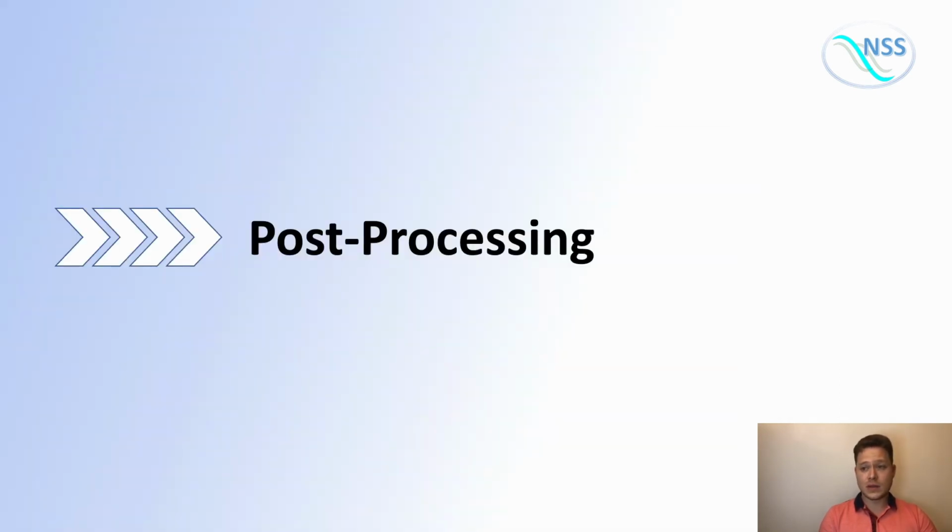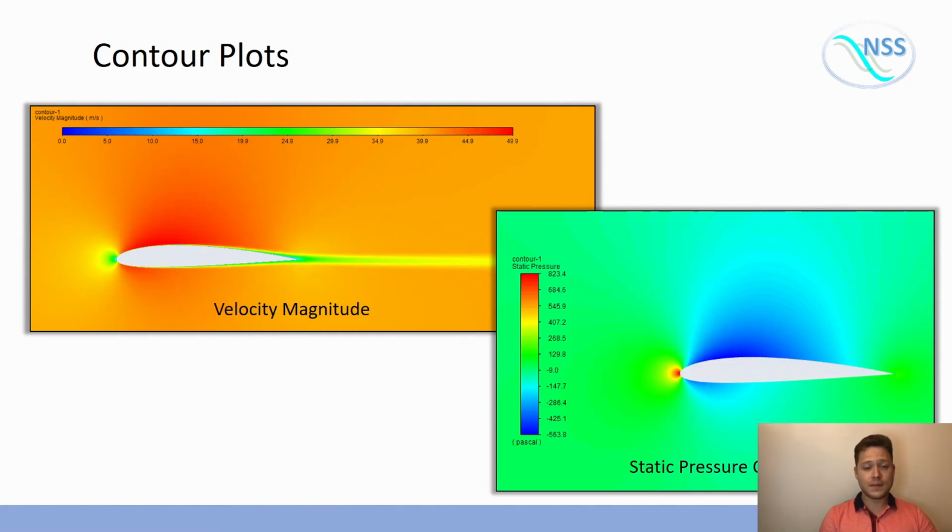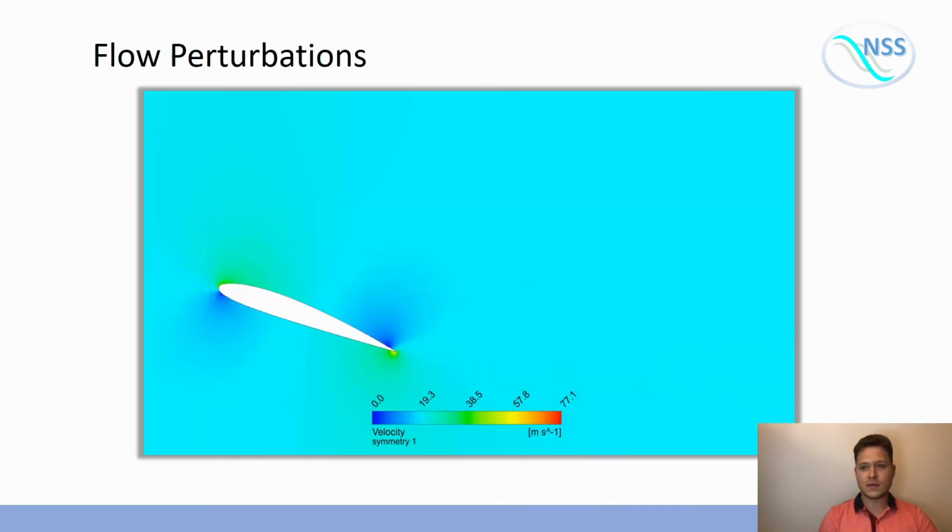After we get the results, we have to post-process them in order to describe, or let's say, get some outcomes of the problem. For this case, I took several plots: the velocity magnitude on the left, and on the right, the static pressure contours. We can also create different animations, as in this case.